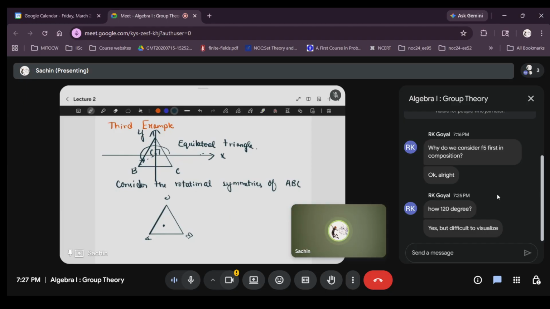So you actually rotated this ray by 120 degrees to this position around the center point, around an axis that is perpendicular to the plane.